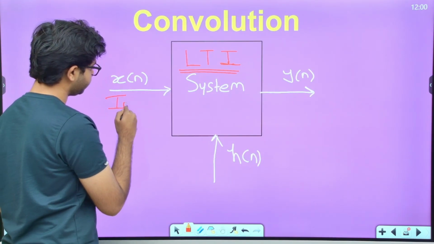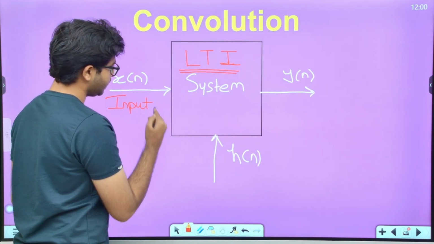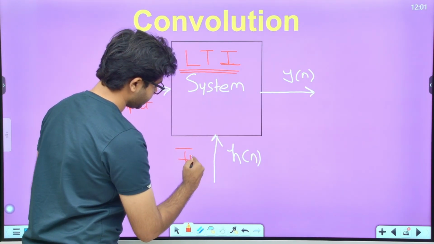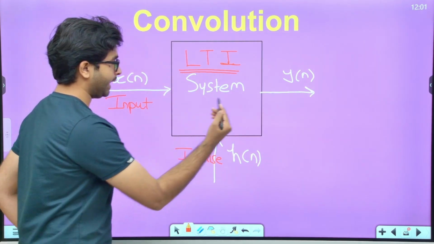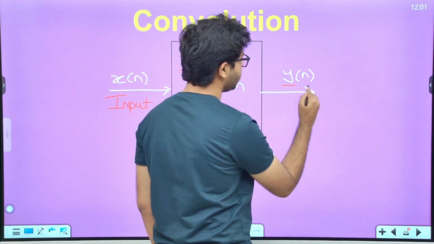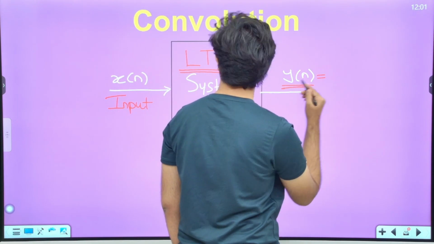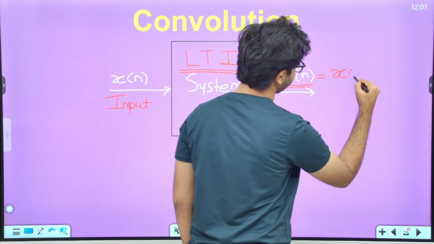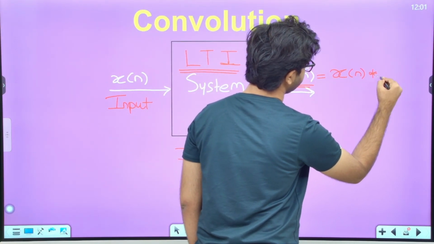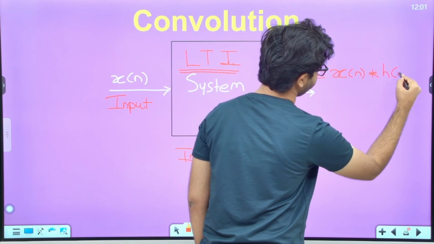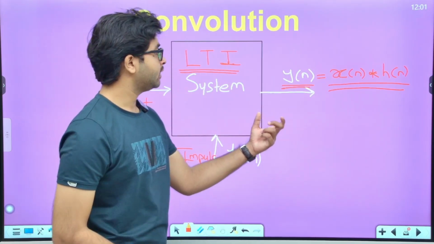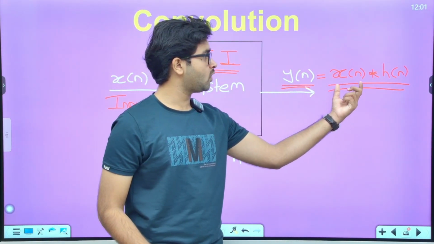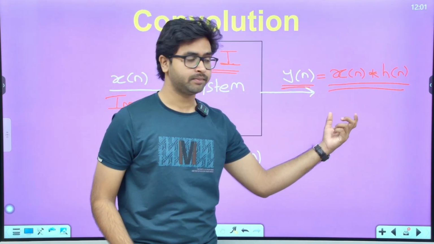This is the input and this is the impulse response, and y of n is the output. This is the convolution. Y of n will be equal to x of n convolved with h of n. Okay, I hope it's visible.